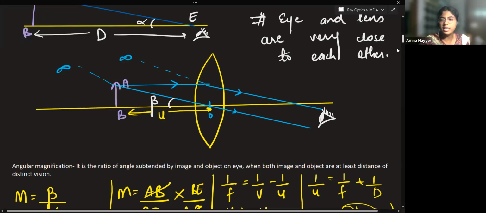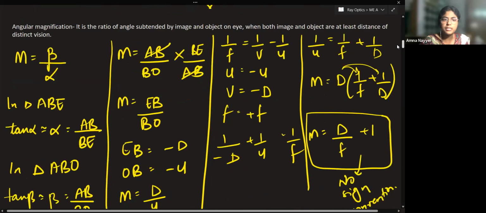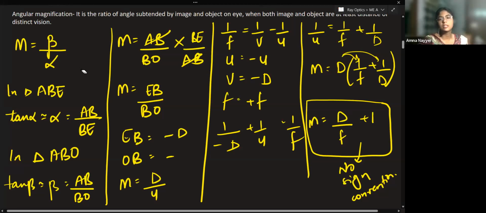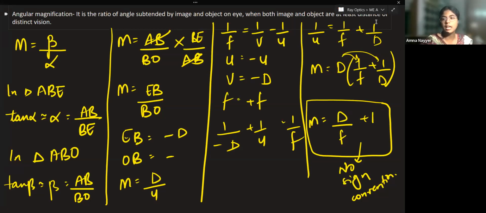See, the magnification's definition will remain the same. It is still m is equal to beta by alpha. From triangle ABE, you can get alpha as AB by E. In triangle ABO, you can get it again as AB by BO. Until here, you will get it back. Now see, the difference will come here.